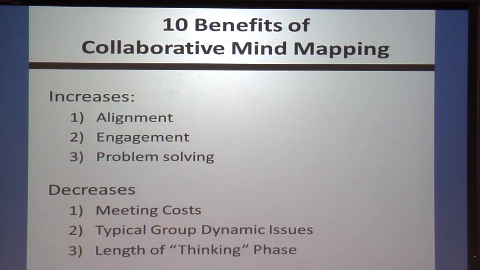Since you're collaborating and can be done at the same time, everybody's ideas are presented. And because you're collaborating, it decreases that thinking phase of anything that you're working on. I'm sure you're all familiar with the term paralysis by analysis. Well, this definitely helps get you through that faster.